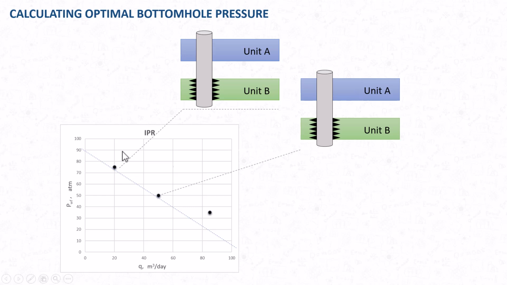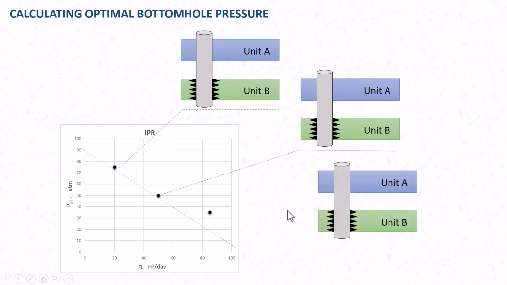So when you produce at a moderate pressure drop, you will have oil production. The next year you want to produce more. You reduce your bottom hole pressure, you increase your rate, and you still produce oil.